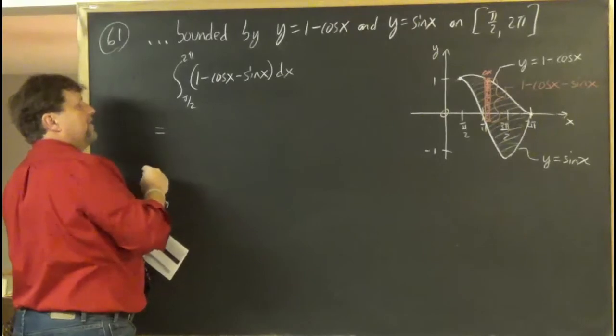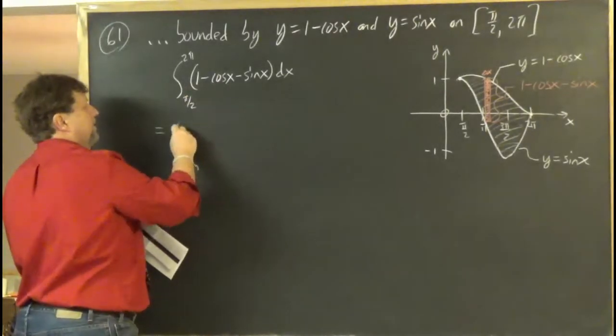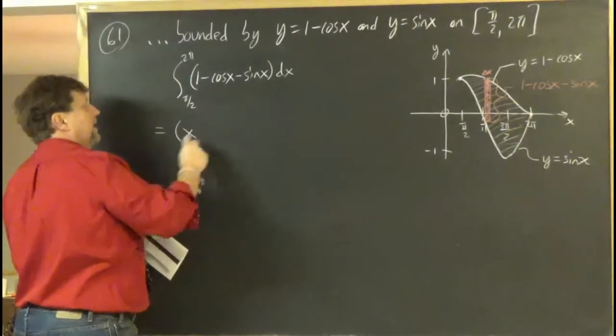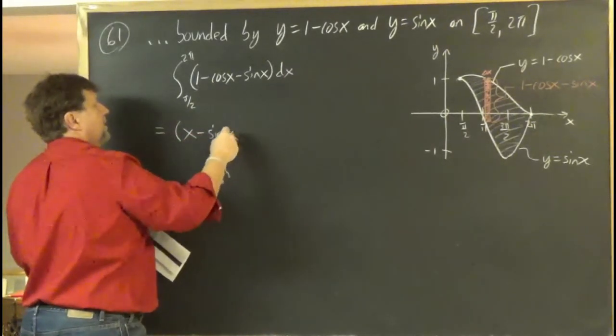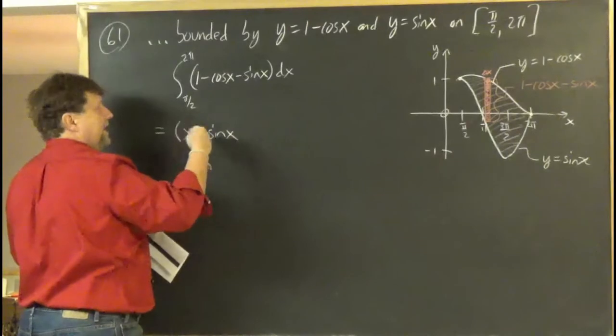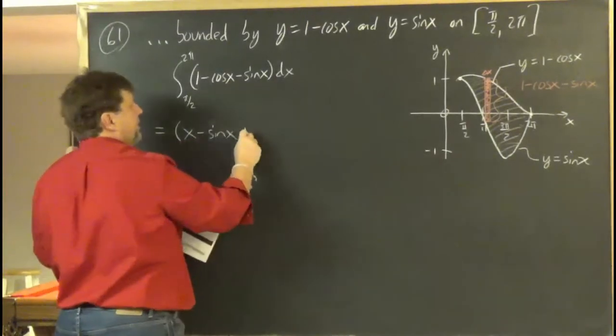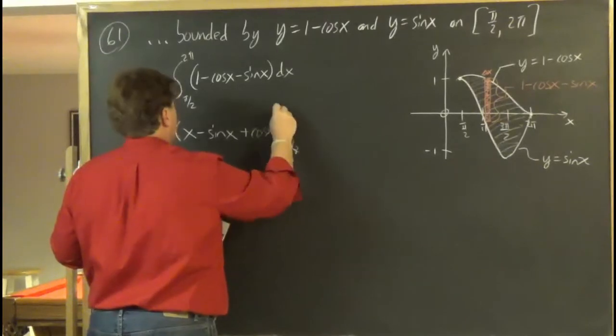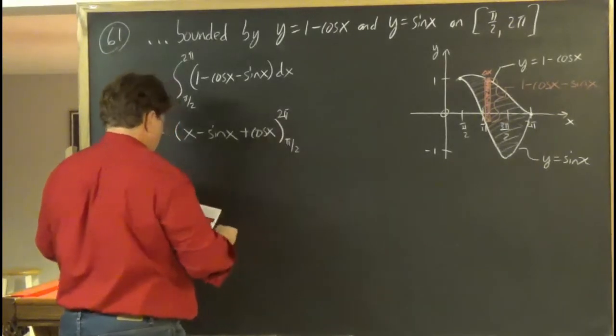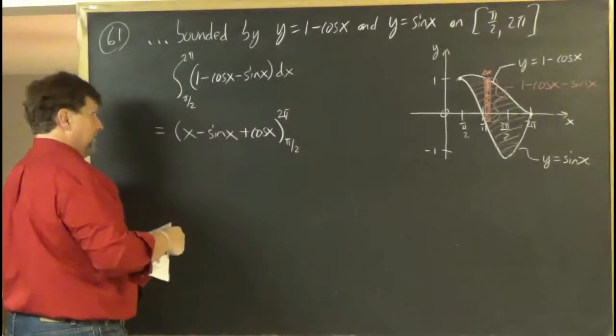So we get an antiderivative. The antiderivative of 1 is x. The antiderivative of cosine is sine. The antiderivative of sine is negative cosine, minus a negative is plus cosine. Evaluate that from pi over 2 to 2 pi.